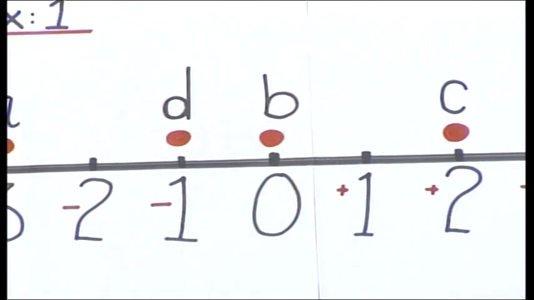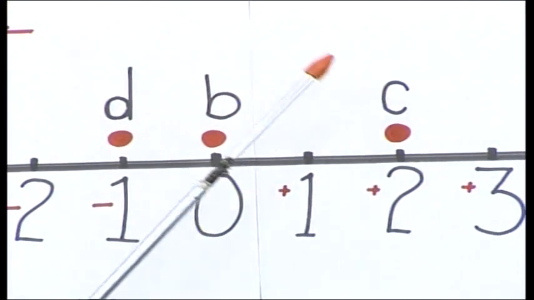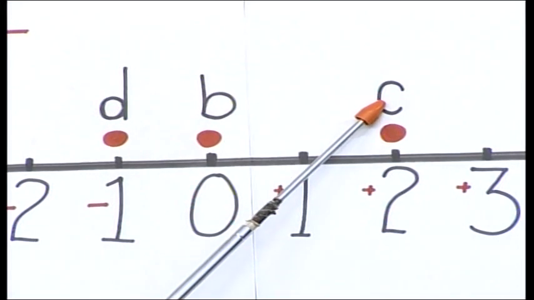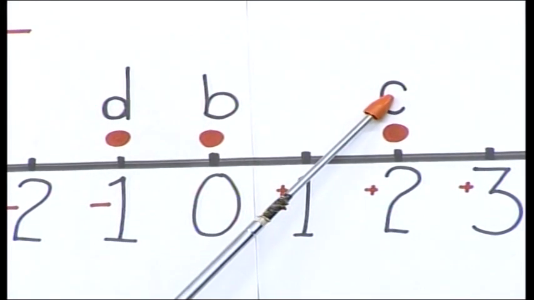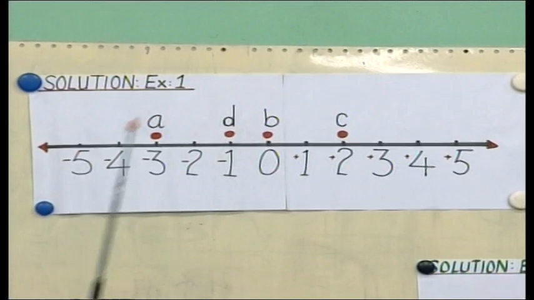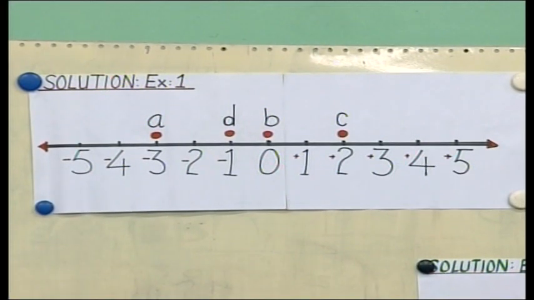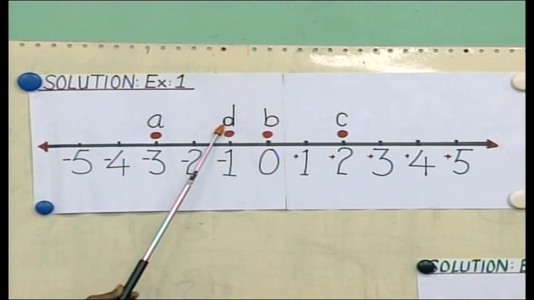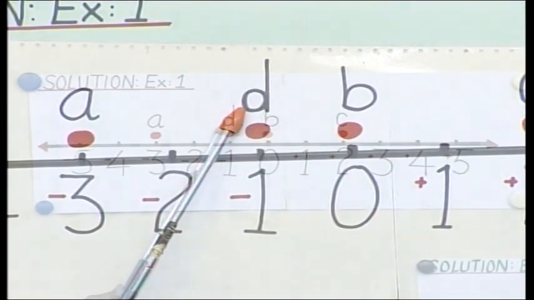C, positive 2, this is where it's supposed to be plotted. D, 4 integers to the right away from negative 5. This is where it's supposed to be plotted, where negative 1 is.